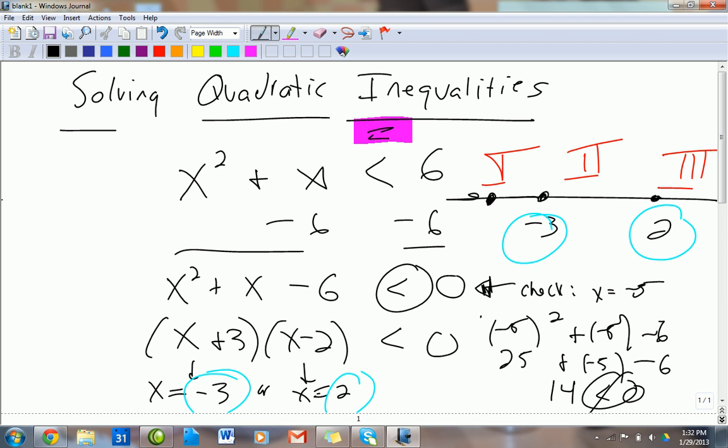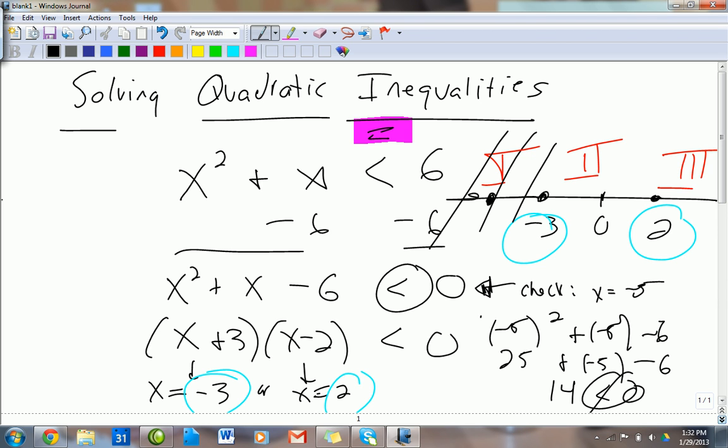Now I'm going to take a number between -3 and 2. Region 1 doesn't work; no number in that region will work. So I'm going to take a number in region 2 and check it. If it does work, I'm going to shade that region, interval number 2, between -3 and 2. A nice number in that area is 0, and that's easy to check.